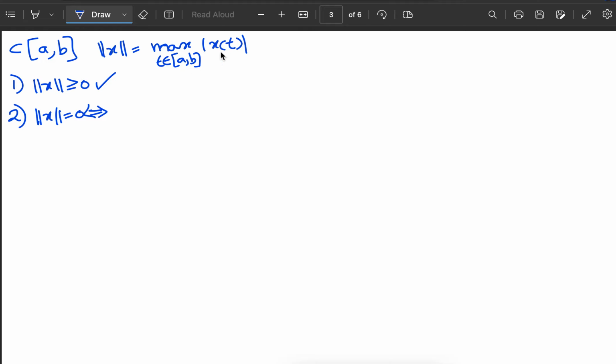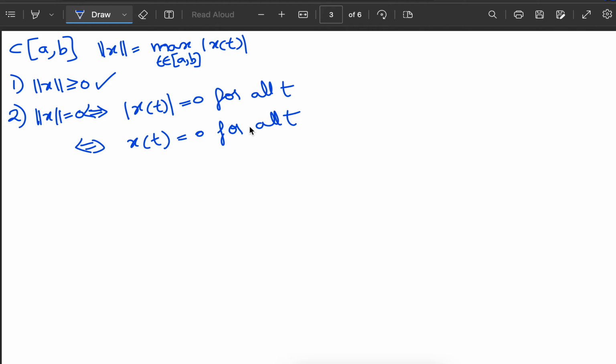Which means that mod x of t will be equal to 0 for all t, which means x of t is equal to 0 for all t, which means x is equal to 0. So the second property will also be satisfied.